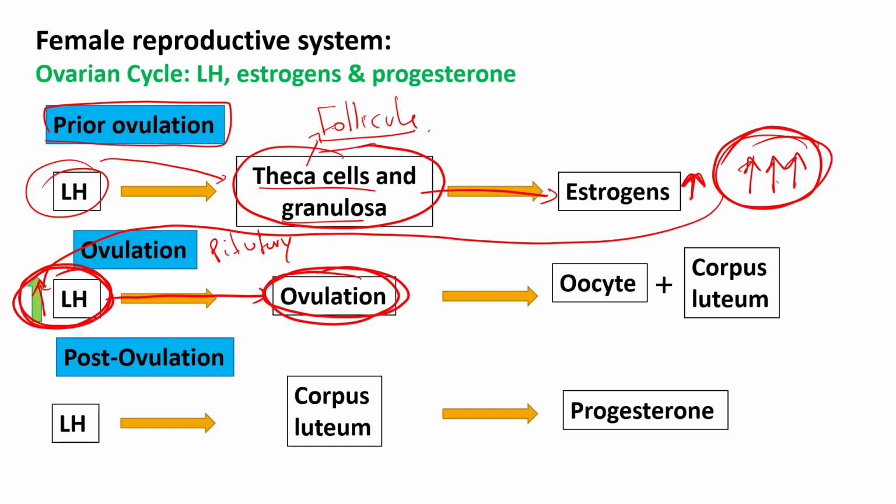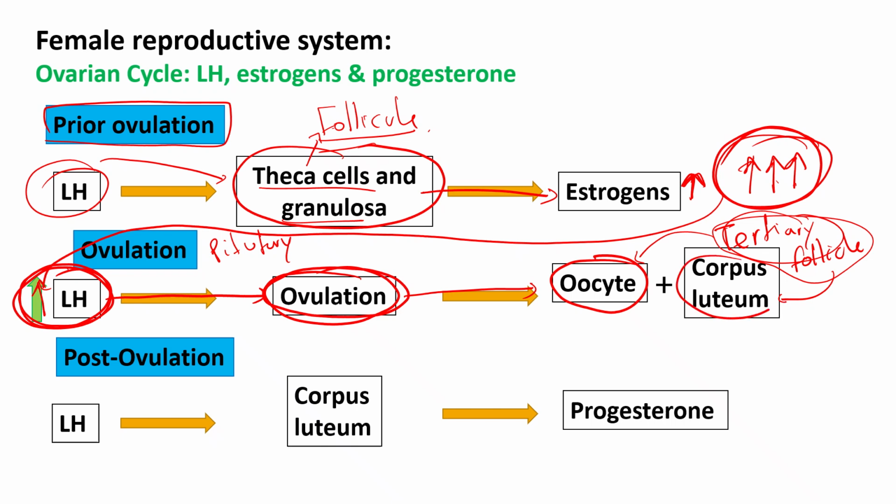We said that ovulation is the process in which the oocyte gets released from the tertiary follicle. A tertiary follicle is when the egg is still inside, so LH increases, and that triggers the release of the egg outside. The tertiary follicle becomes the corpus luteum, and that is what we call ovulation.